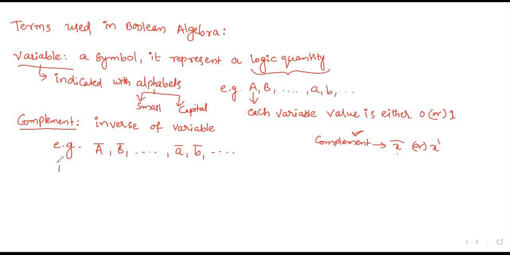If a is equal to 0, then a bar means inverse, so invert the bit: 0 becomes 1. A bar is equal to 1. If a is equal to 1, then a bar is equal to 0. Complement means inverse.